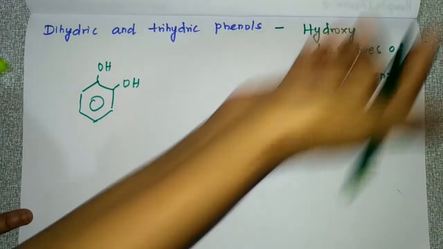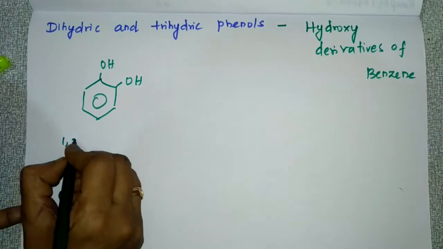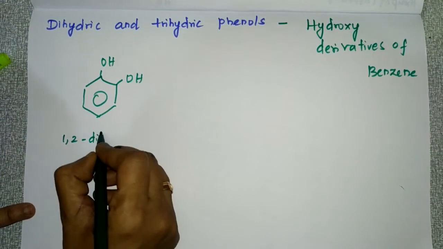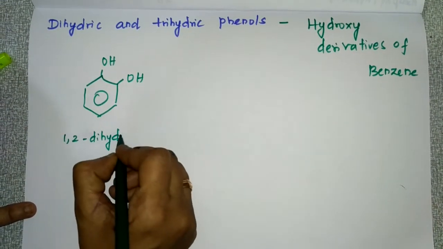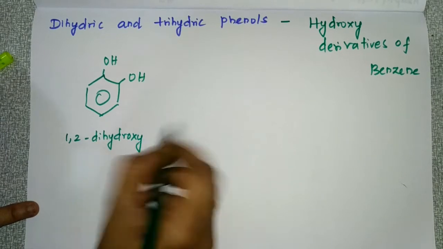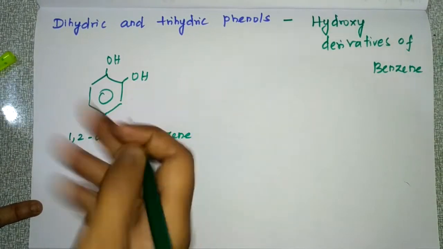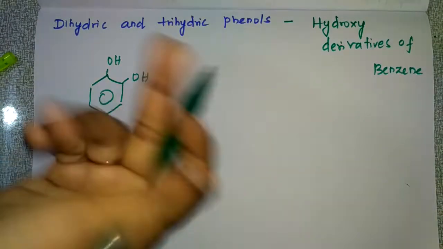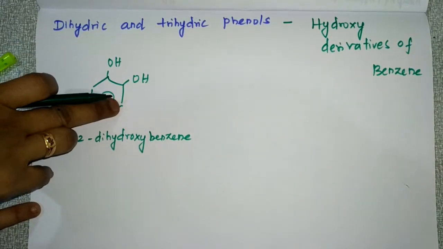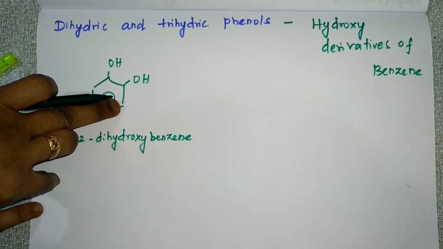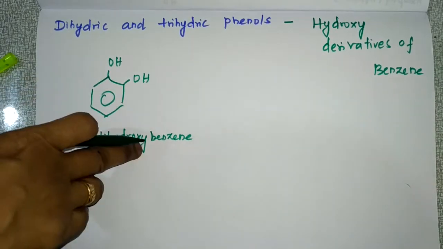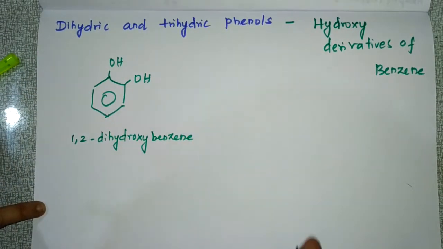So how will you name this one? 1,2-dihydroxybenzene. Okay, this is how you have to name it. If this OH group is in the 4th position, you have to write 1,4-dihydroxybenzene. You have to name it like that.